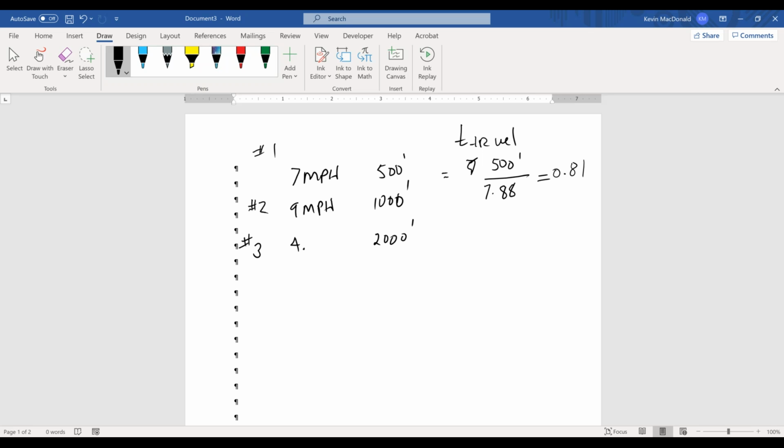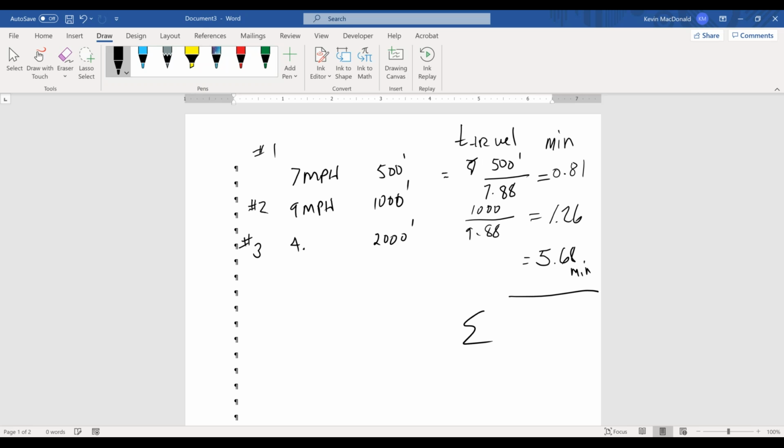1,000 feet, 9 miles an hour and 88 feet per minute per mile per hour. That's going to take 1.26 minutes. And then number 3, 2,000 at 4 miles an hour, that's going to take 5.68 minutes.